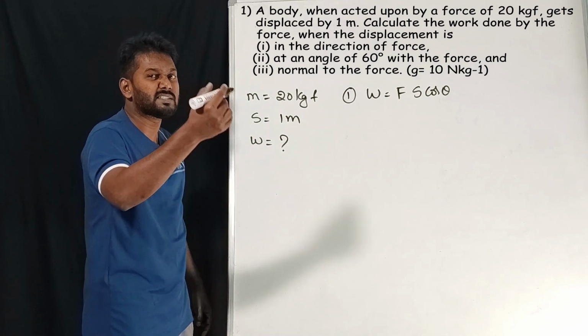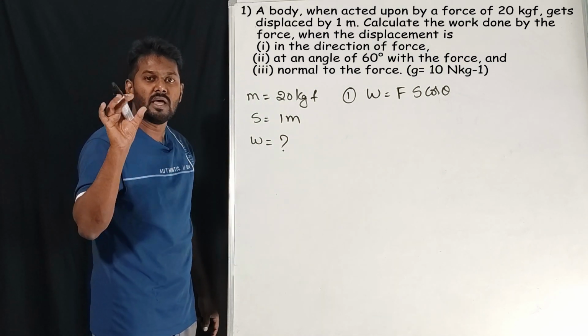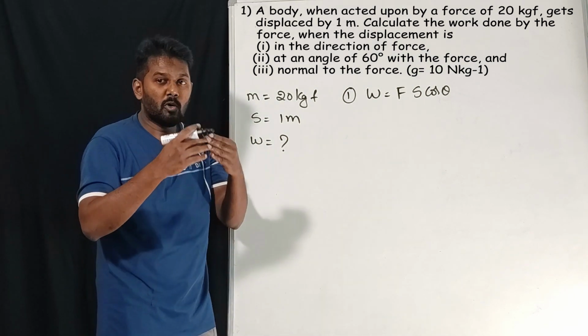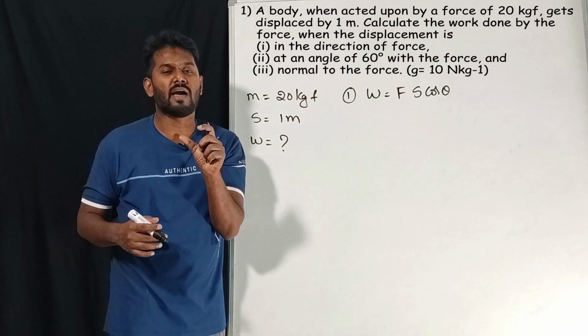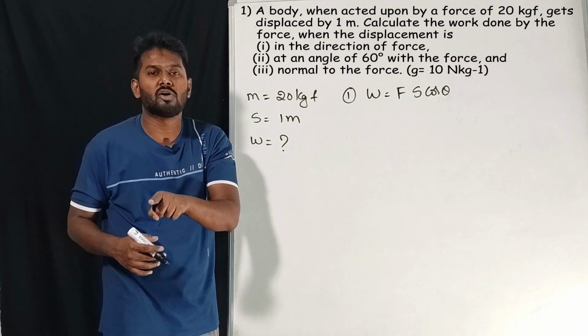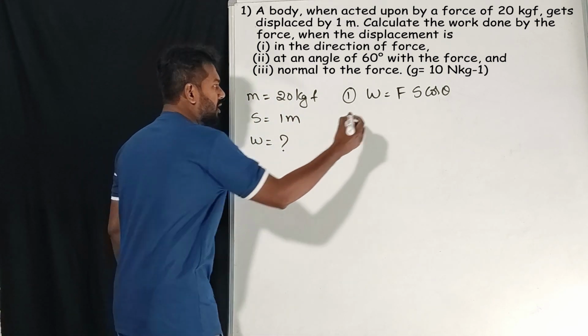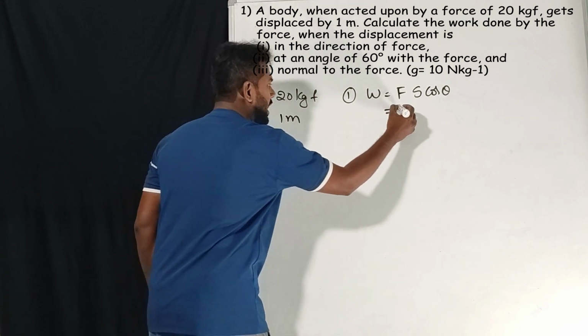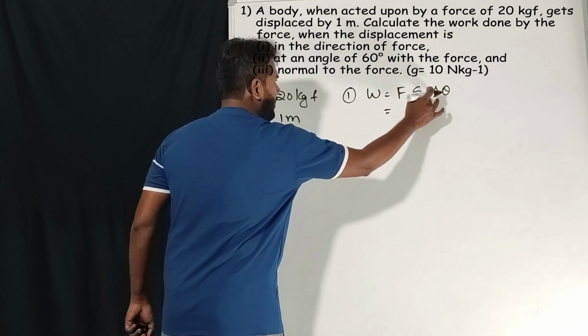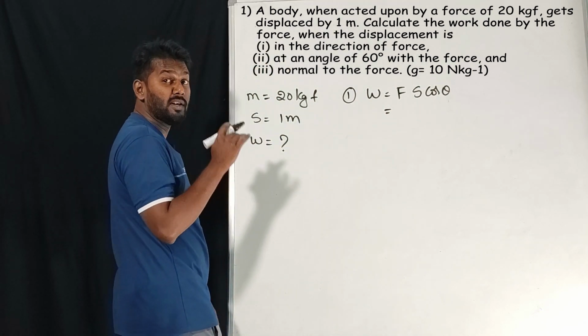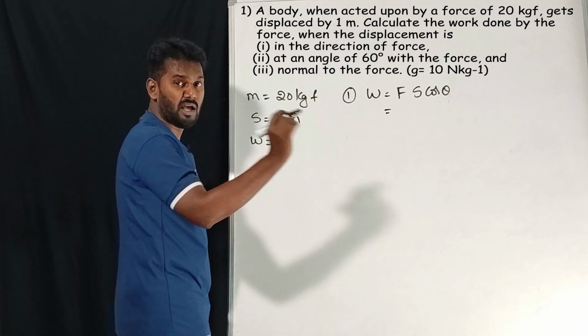If both are in the same direction, cos theta will be 1. Why? Because if both are in the same direction, theta value will be 0. What is cos 0? Cos 0 is equal to 1. Then we have to use Fs 1. So instead of using cos theta, we can neglect it only if it is in the direction of force.